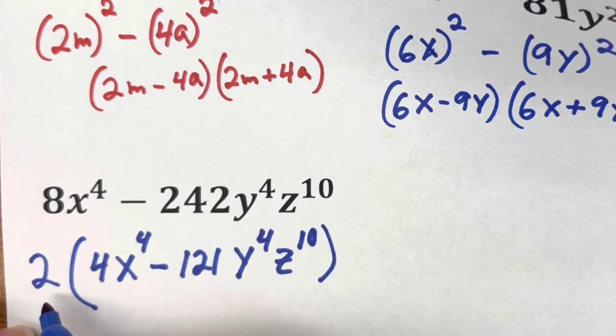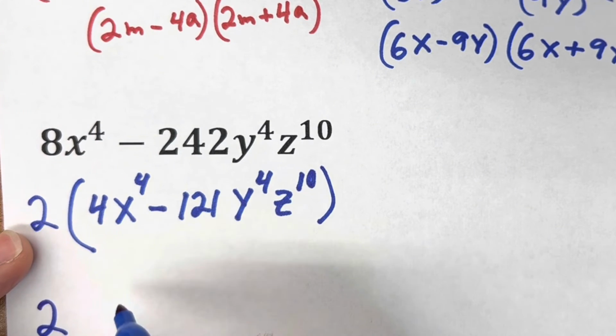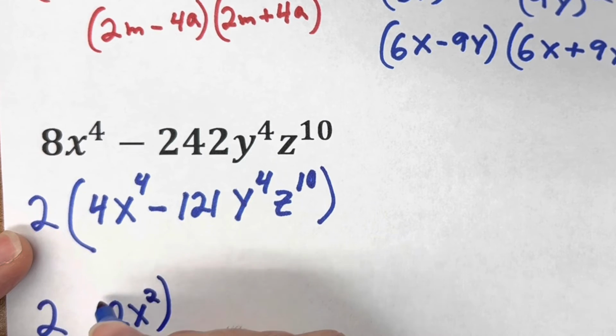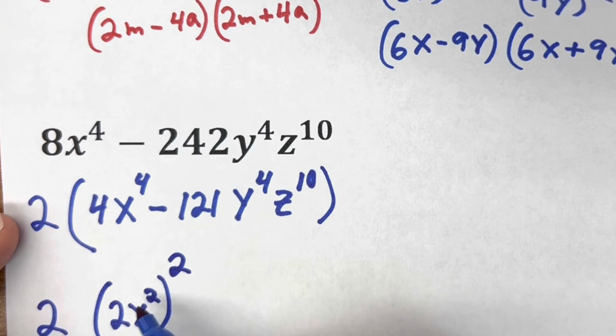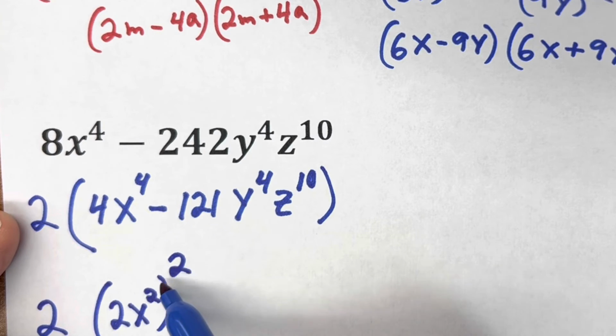So I keep the 2 outside because I factored the 2. Now inside this will be 2x squared raised to the second power, because 2 times 2 is 4, that's good, and x squared raised to the second power is x to the 4. So I'm not affecting the expression, okay?